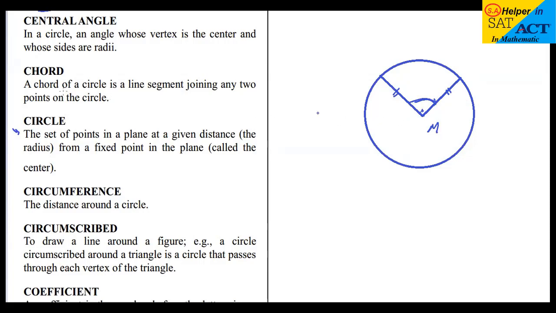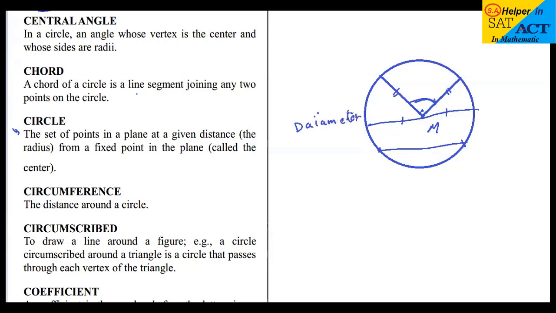What is a chord, or a chord of a circle? It is a line segment joined between any two points on the circle. A line segment that connects any two points on the circle. Even like this, passing through the center, yes, it is a chord. Passing through the center means two radii connected as one line, called a chord, also a diameter.